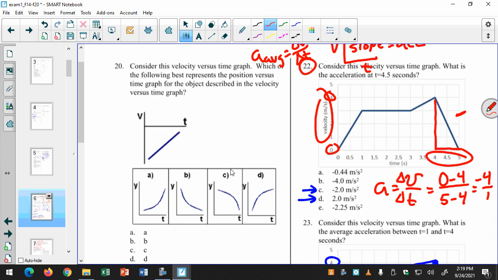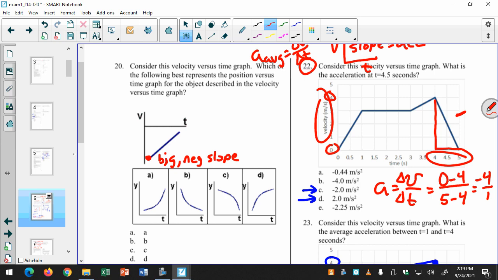So remember, in a position versus time graph, the slope gives the velocity. So whatever this value is here should be related to the slope. So here I should have a big negative slope on my position versus time graph. Well, which one of these starts with a big negative slope?